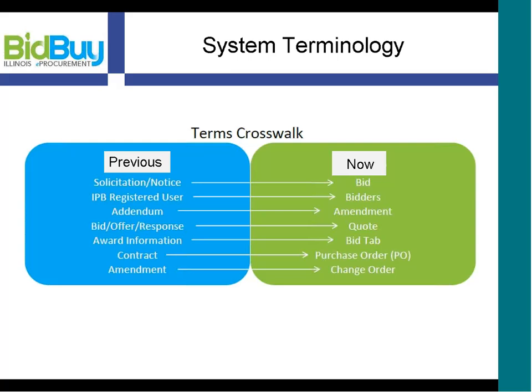Award information is called a bid tab. The contract is not going away, but we also have the ability to create a PO, a purchase order, which denotes an approval in the system, so we'll be using that term quite a bit. And if you have an existing contract and an amendment to it, we would call that a change order.